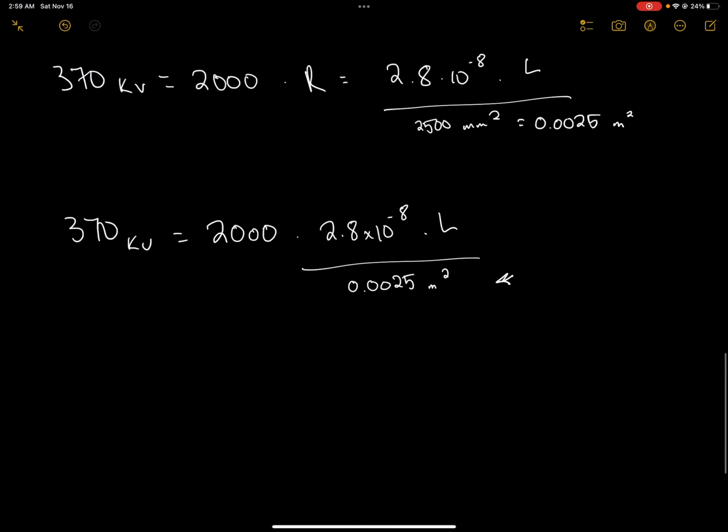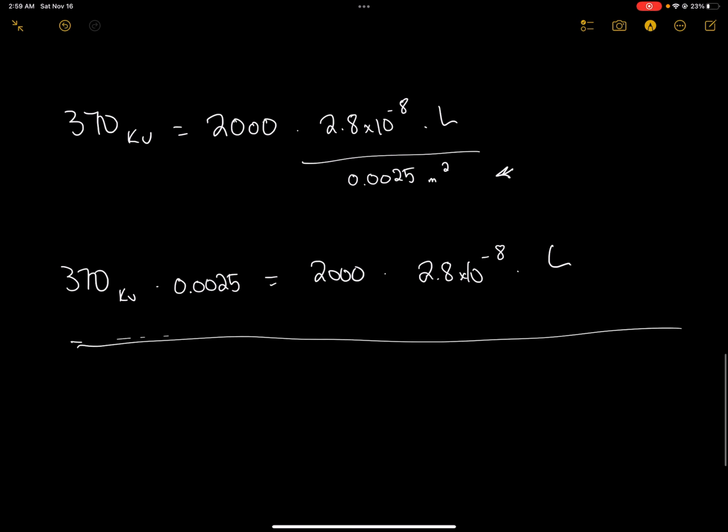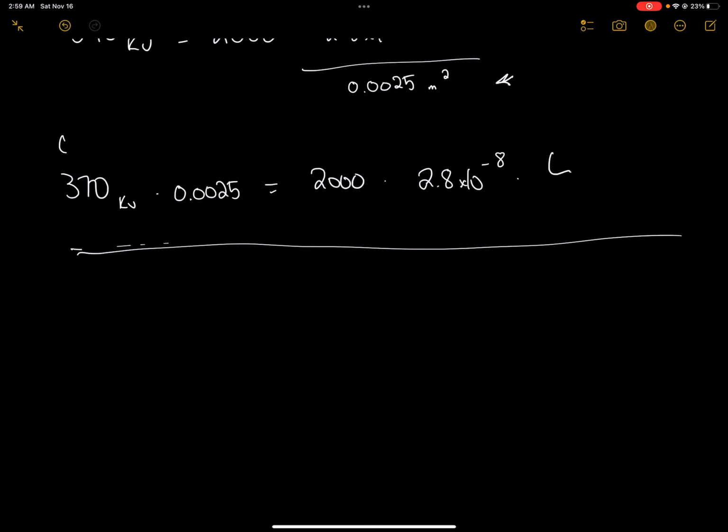So we multiply 370 kilovolts by 0.0025 to get 2,000 times 2.8 times 10 to the negative 8th times L. Remembering that this is actually 370,000, we have 925 is equal to 2,000 times 2.8 times 10 to the negative 8th multiplied by the length.